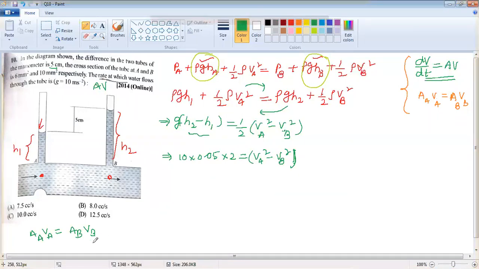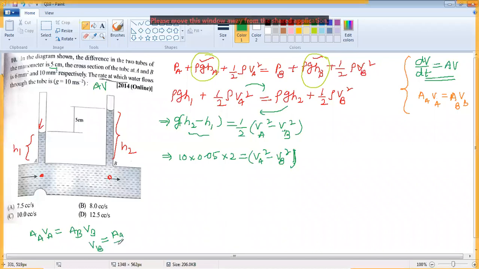So what I will do here, I remove the velocity at B. So velocity of B is equal to area of A by area of B into velocity at A. Do you understand that? Yes, sir. So now I change this. Velocity at B is equal to area of A, how much? Area of A is 6 millimeter square, B is 10 millimeter square.